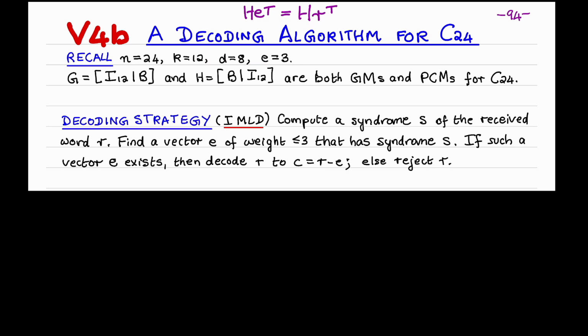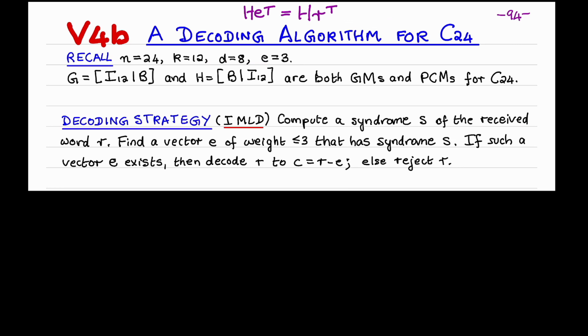So the decoding algorithm first computes a syndrome S of the received word R, and then looks for a vector E of weight at most 3 that has the syndrome S. If such a vector exists, then the decoding algorithm will decode R to R minus E. And this will be the correct decision, assuming that the error vector has weight at most 3.